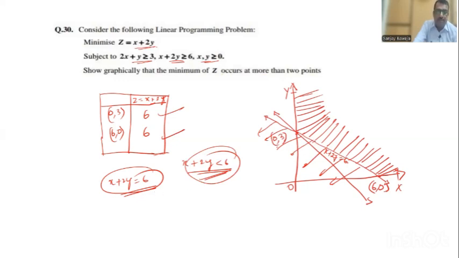And there are more points which will lie on this line to give the solution. So this is how it can be done. So x plus 2y is equal to 6 is the line which contains an infinite number of points, correct? And every time you'll get the answer 6. I hope it is clear to all.